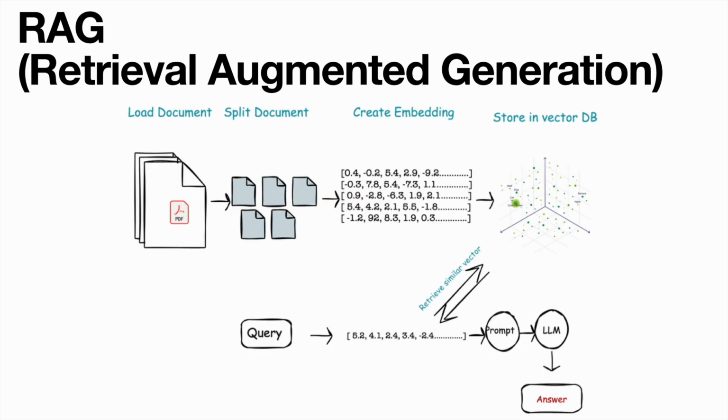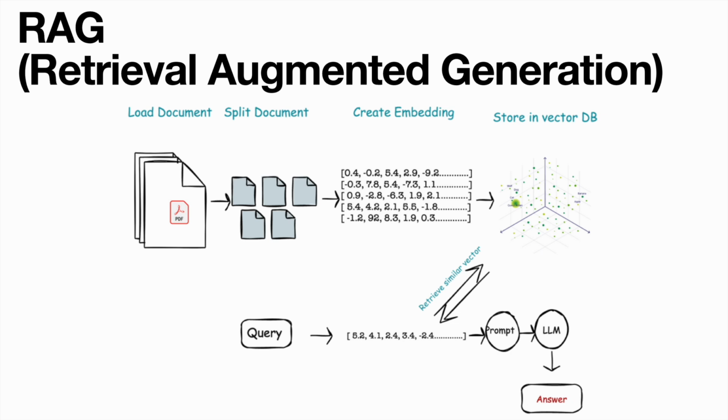So here I am showing it in a picture. Suppose you are dealing with a few PDF documents. First we load the documents, and then we split them into different chunks. Then for each chunk we create embeddings, and these embeddings are stored in some vector database. Next, when a query comes in, we create the embedding for that query as well, and retrieve a few similar vectors from the vector database.